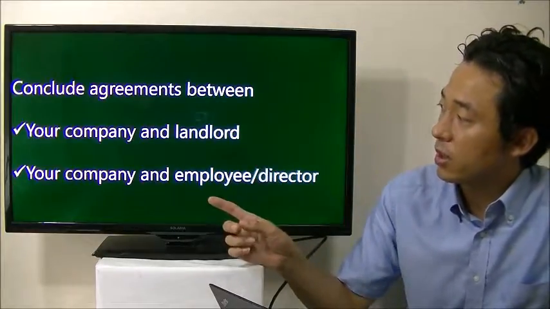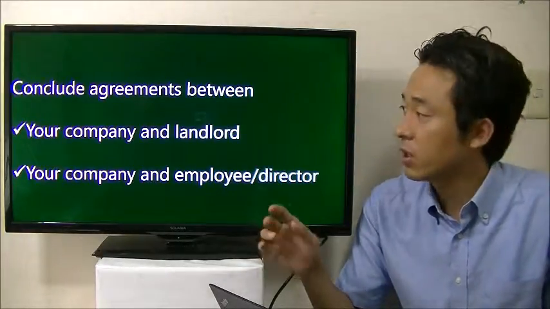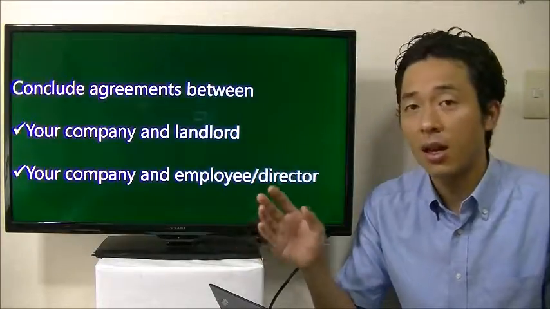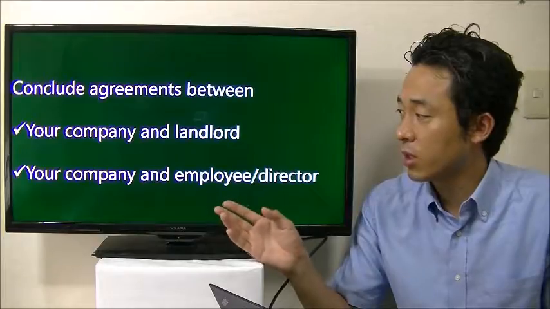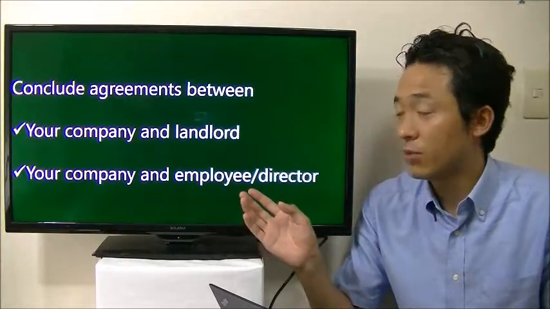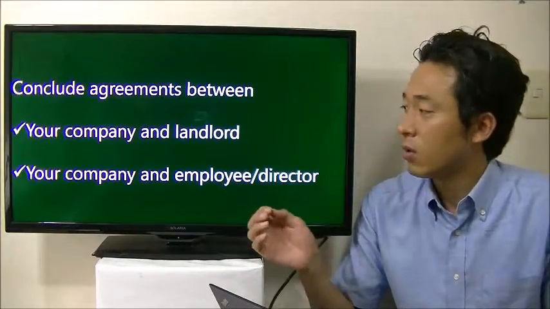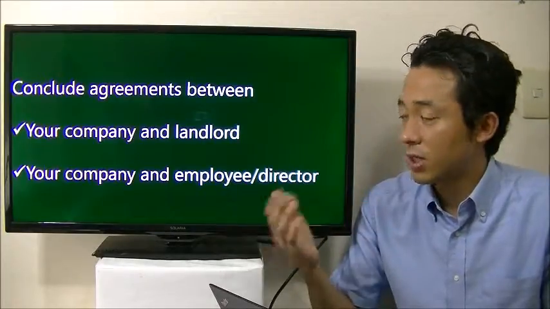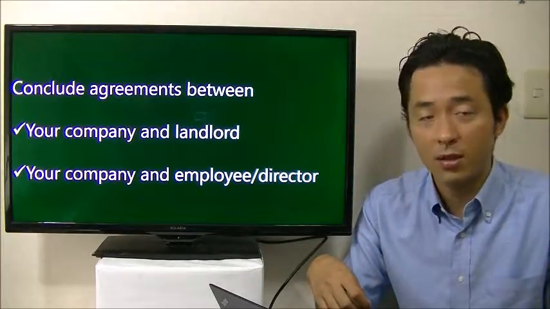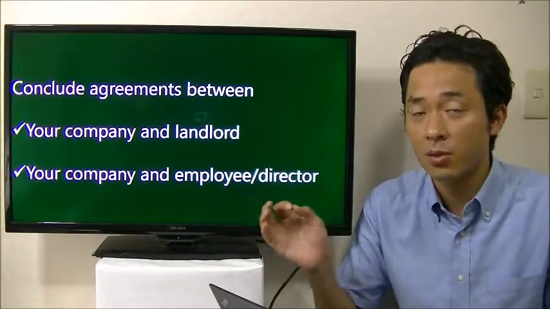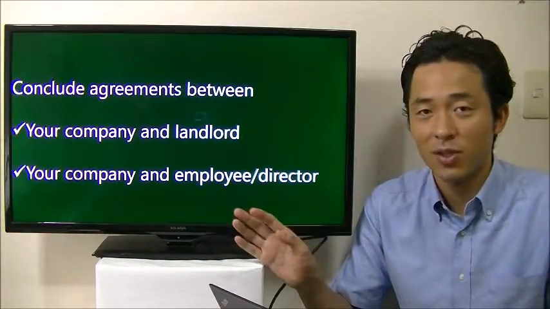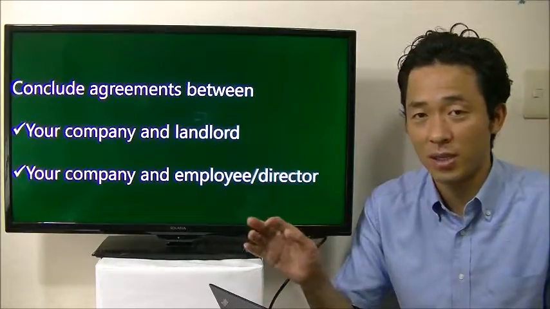The first one is the rental agreement between your company and the landlord, and the second one is a rental agreement between your company and the employee or director. So even if you yourself are renting the apartment or housing from your company, please conclude the contract or agreement. Never make a transaction without a contract.